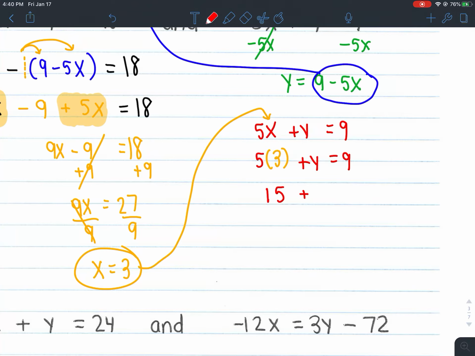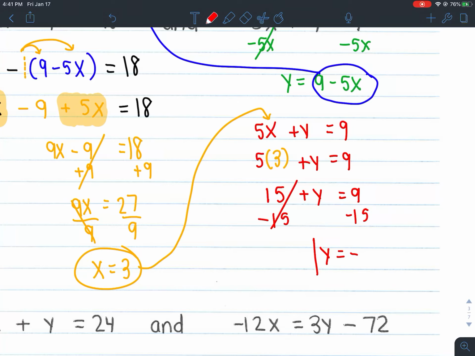Well, 3 times 5 is 15. So when you get y by itself, we have to subtract 15 on both sides. We get y equals negative 7. Negative 7. Negative 6. Go crazy. I typed it in my calculator wrong. 9 minus 15.